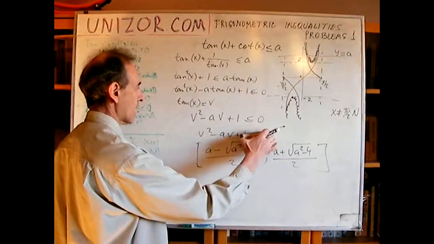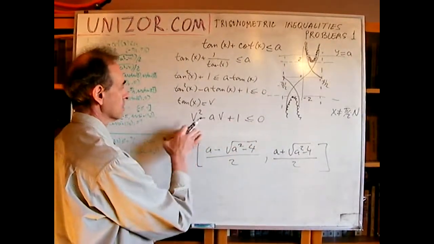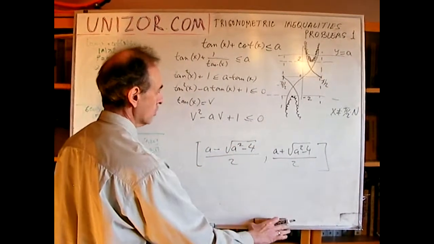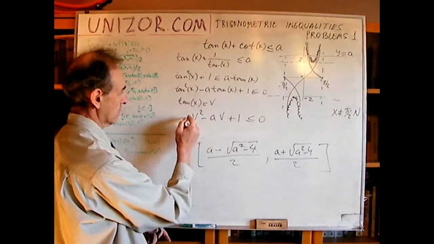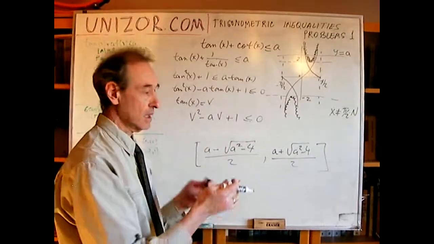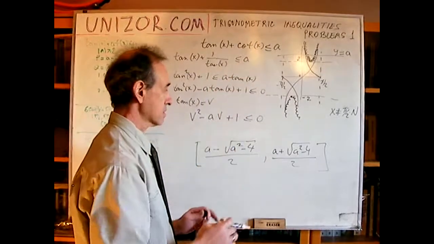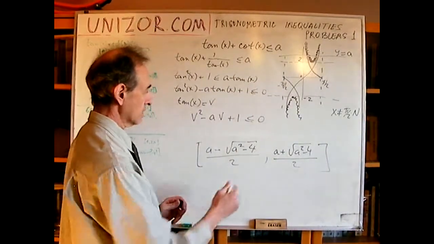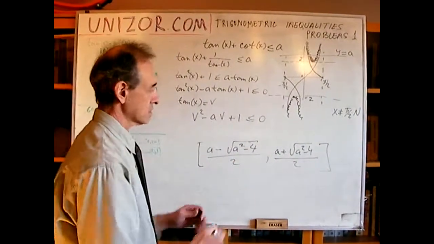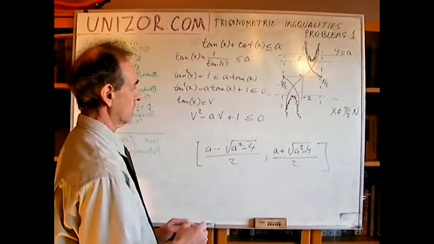So we have solved the corresponding equation, found solutions, and in between these 2, since the coefficient at v squared is 1, the parabola goes upwards, and in between these 2 solutions, it's below the 0 level.